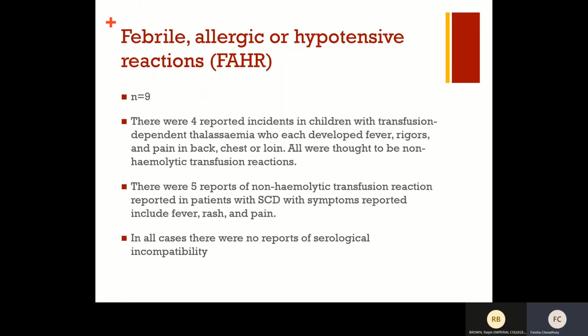There were 5 reports of non-hemolytic transfusion reaction in sickle cell patients with symptoms reported including fever, rash, and pain. And in all of these cases, there was no report of serological incompatibility.